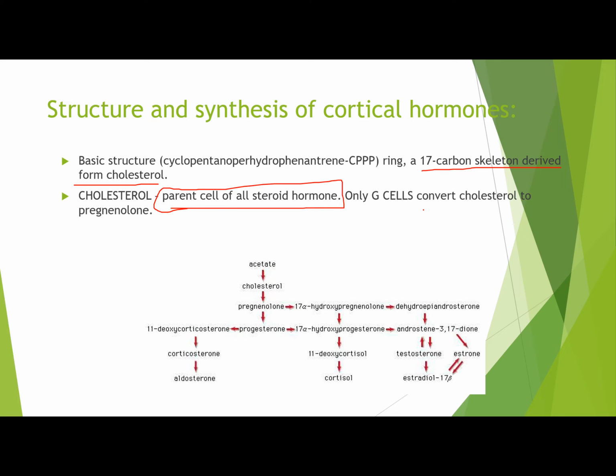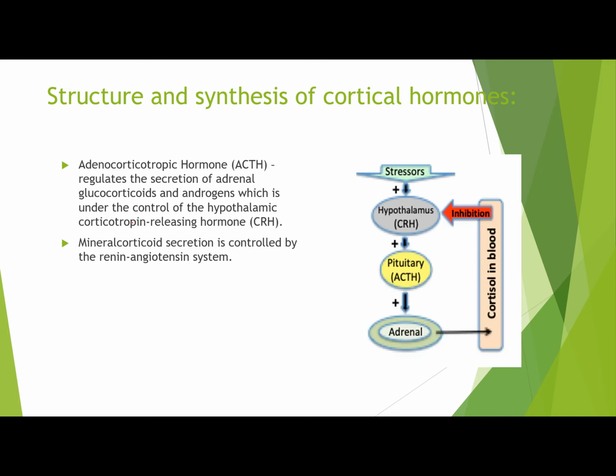Only G cells convert cholesterol to pregnenolone. Now, ACTH would regulate the secretion of adrenal glucocorticoids and androgens, which is under the control of the hypothalamic corticotropin releasing hormone. So parang TRH lang to, class.